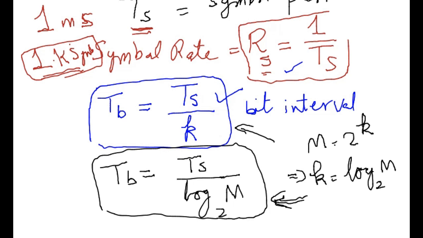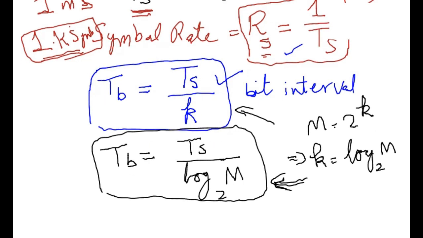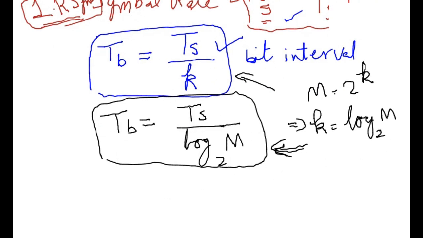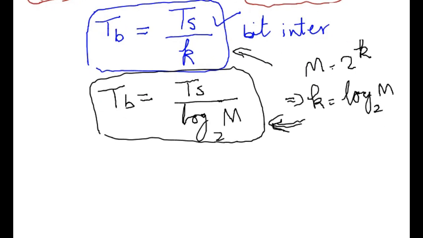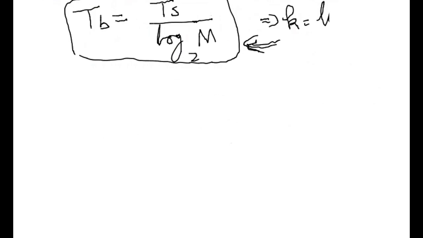Now, sometimes we may be interested in the bit rate of our signal, because usually people know the bit rate instead of the symbol rate, while in communication we may also use the symbol rate. If you are interested in the bit rate, you can find it. We know that our symbol rate is Rs symbols per second.